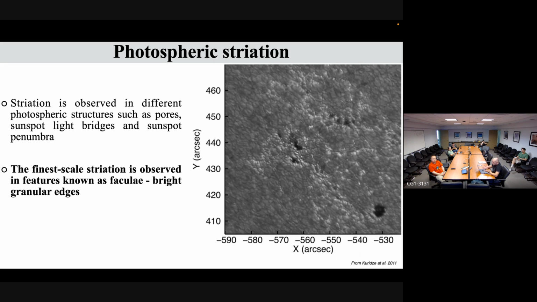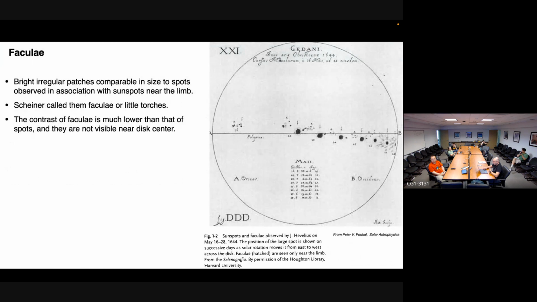The faculae are extremely important structures. They are associated with magnetic field, we know that, and their brightness is very important. Actually, their brightness is dominant in defining solar irradiance variability. So it is very important.